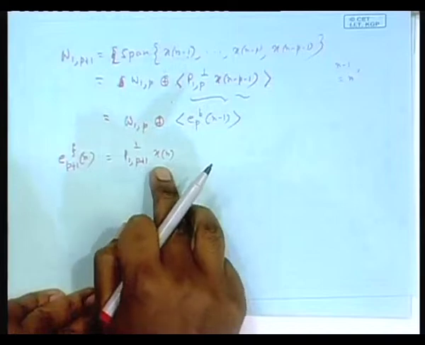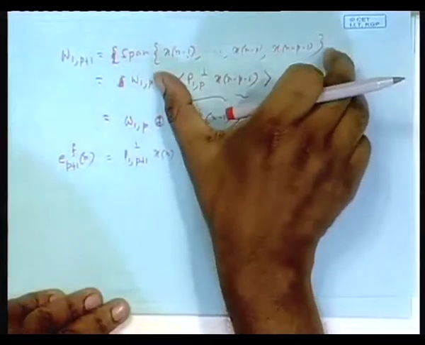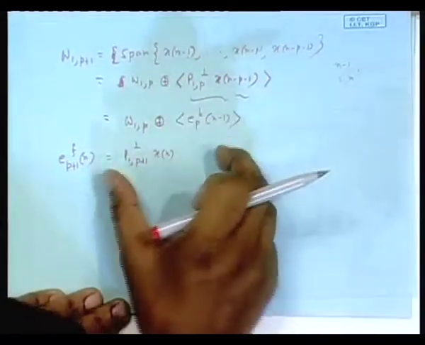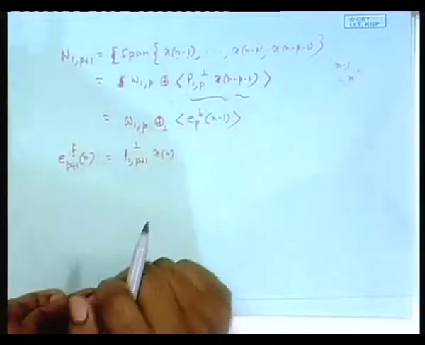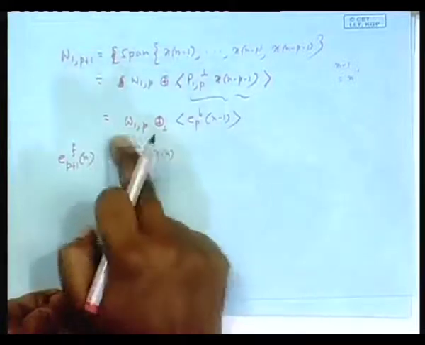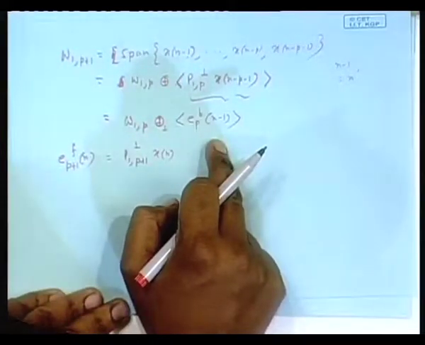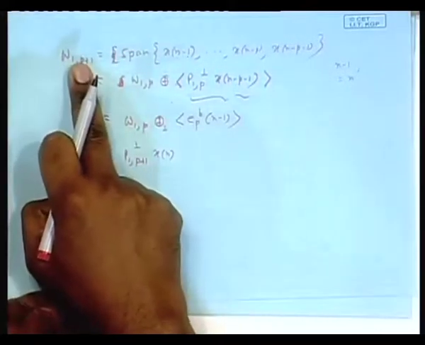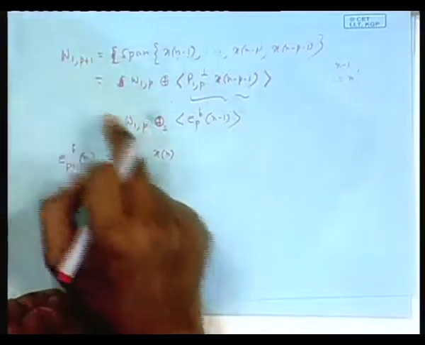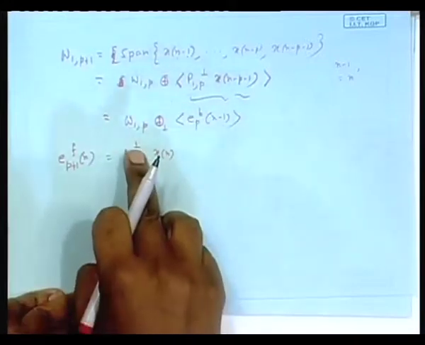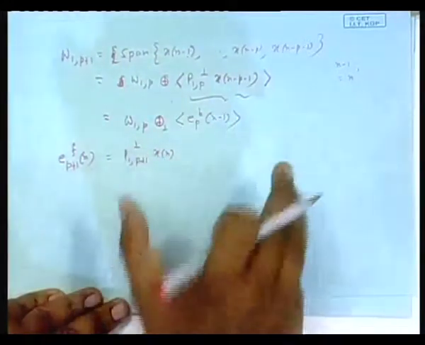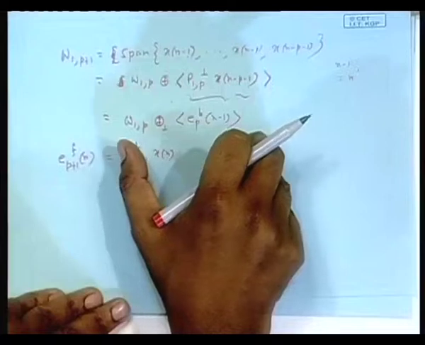The x n has to be orthogonally projected on this total span, but this space is orthogonally decomposed. If you want, you can put the orthogonal here, but I drop this. These two are mutually orthogonal, right? So x n projected on this is what? What is the total projection? x n projected on this plus on this, but this is not projection, this is error. So I have to take this, compute this projection, and subtract it from x n.